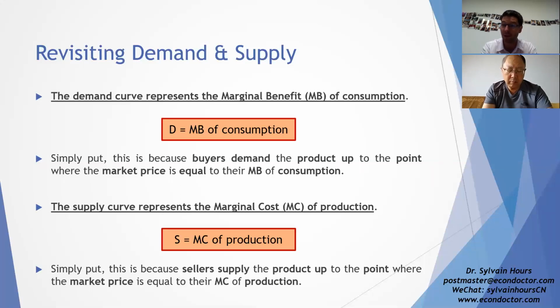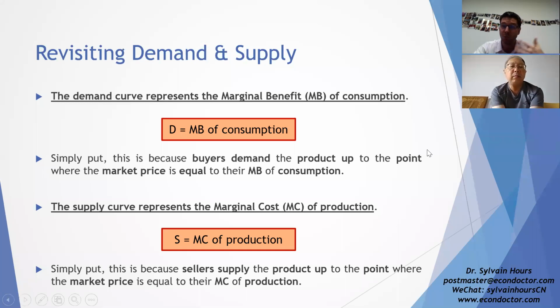Same thing for supply. Why is the supply curve equal to the marginal cost of production? Because sellers will increase the amount they produce and sell as long as the market price is greater than their marginal cost of production. That's all. That's the simple version to explain why demand measures the marginal benefit of consumption and supply measures the marginal cost of production.